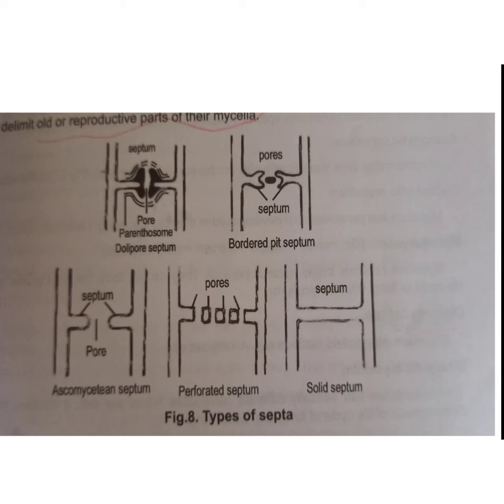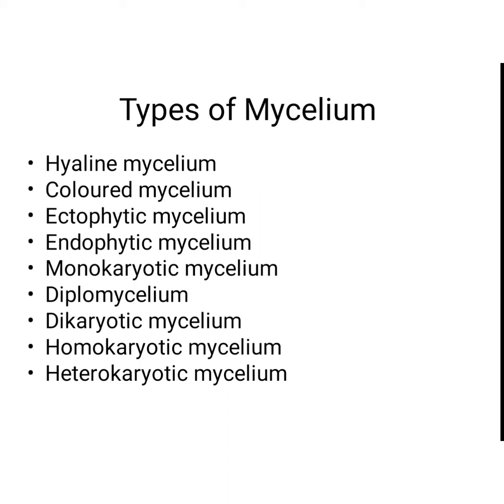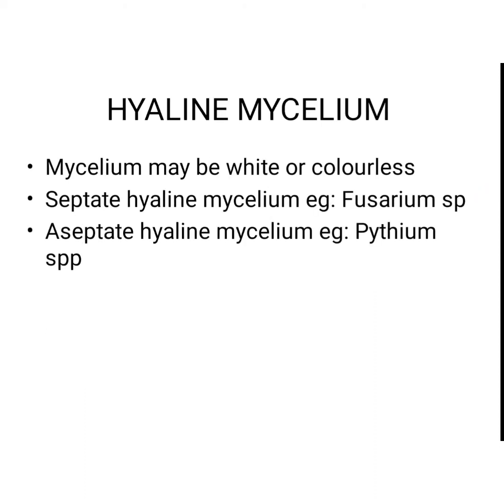That's all. Types of mycelium are hyaline mycelium, colored mycelium, ectophytic mycelium, endophytic mycelium, monokaryotic mycelium, diplomycelium, dikaryotic mycelium, homokaryotic mycelium and heterokaryotic mycelium. About this we are going to discuss now.